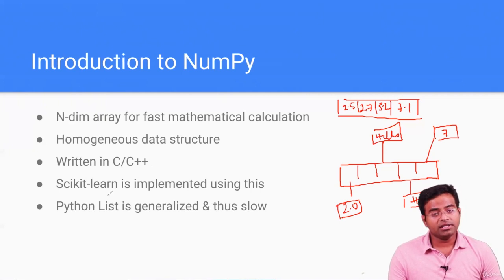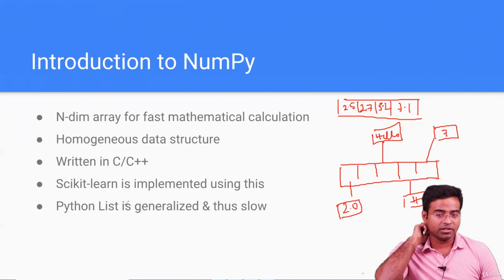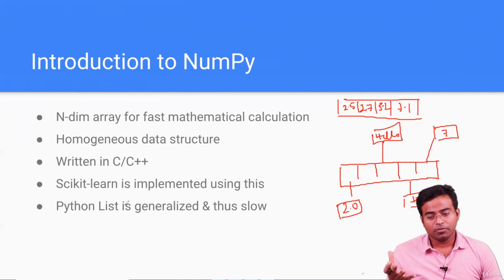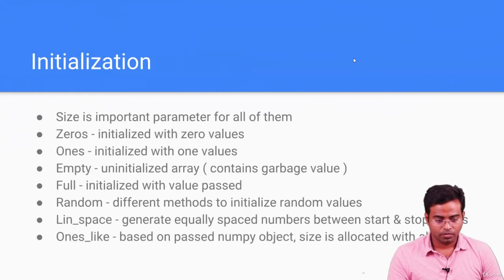It is used extensively internally in the scikit-learn library, and of course, as we discussed earlier, it is way faster than your list. So for every computation that you want to do in machine learning, make sure you are using NumPy for that, not regular lists.